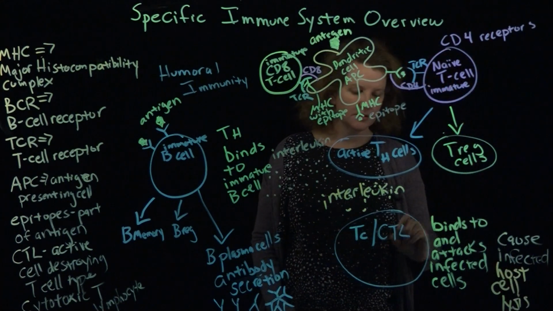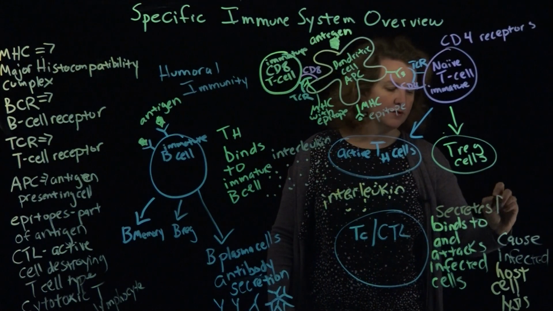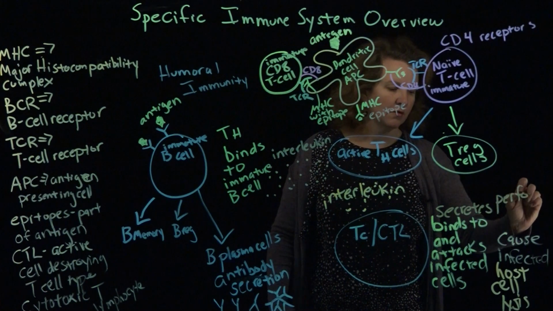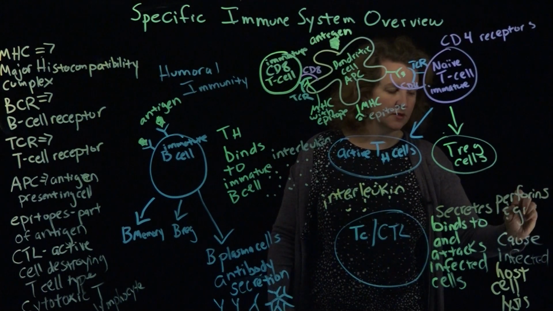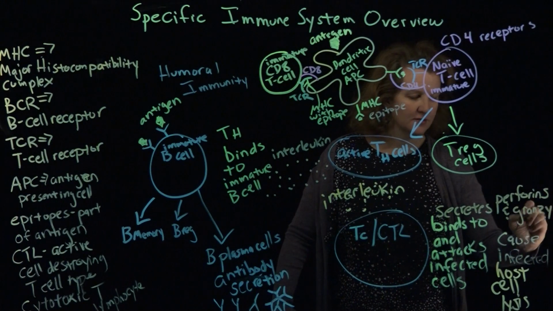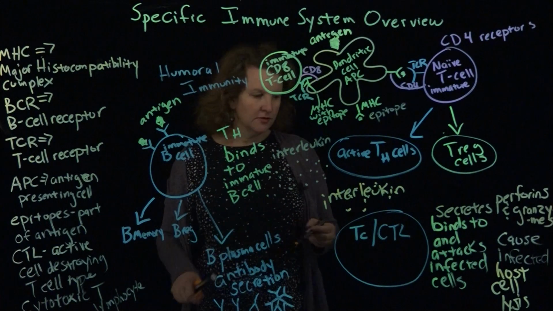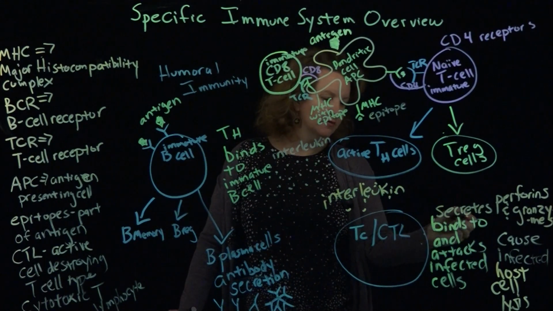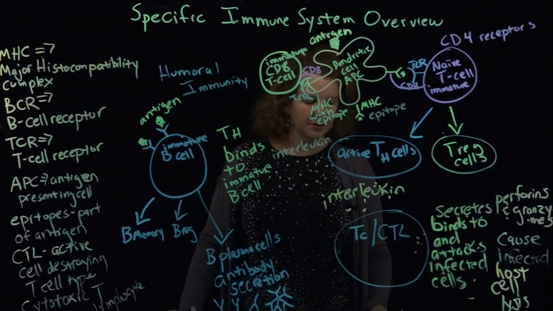And it secretes these two major groups of enzymes, the perforins and granzymes. Let's try to squeeze that in there. Okay, a lot to squeeze in here. So they'll secrete these compounds and cause those cells to rupture.